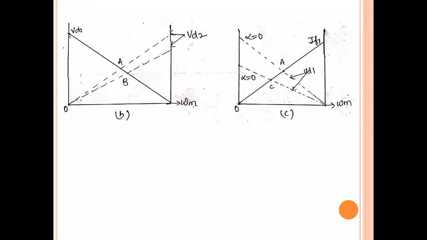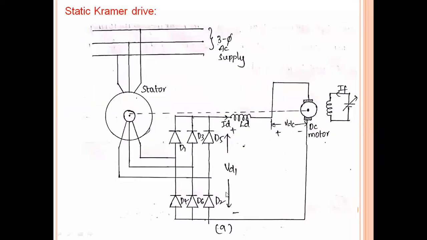When a larger speed range is required, then we definitely replace this diode bridge rectifier with the thyristor bridge, so that we can get control over the output DC voltage, because we can control the firing angles of the thyristor bridge rectifier. So for a larger speed range, generally we will use the thyristor bridge rectifier.